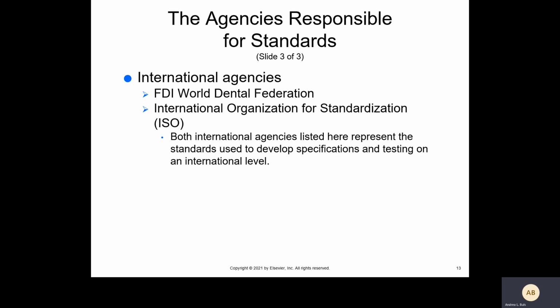There are some international agencies as well that are mentioned in your book, the FDI World Dental Federation and the International Organization for Standardization, or the ISO. Both of these agencies represent the standards used to develop specifications and testing on an international level.